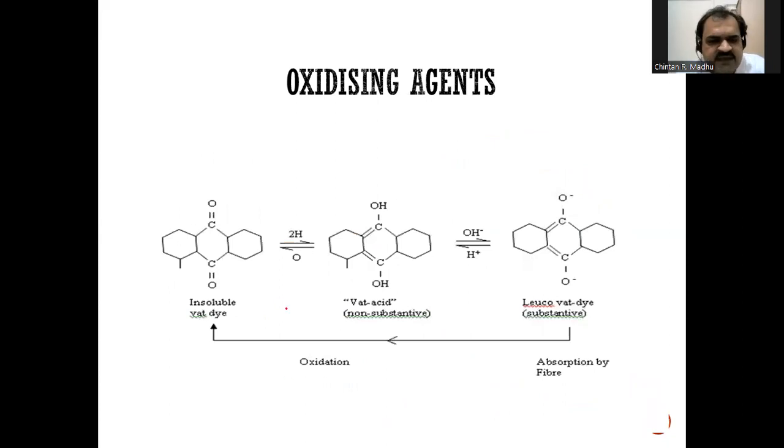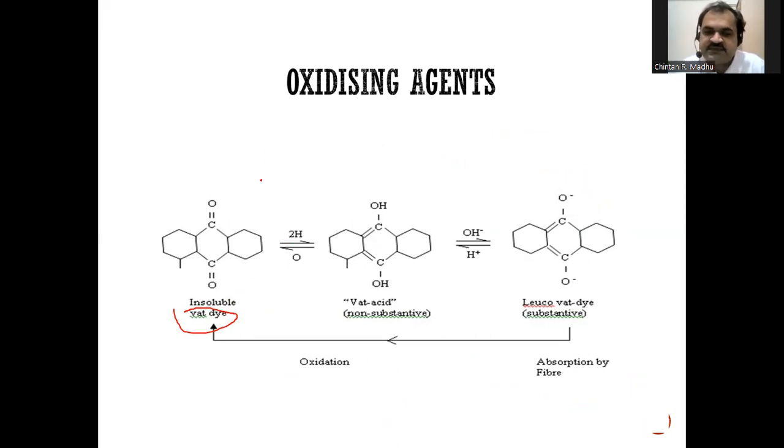Oxidizing agent we require when we are working with the vat dye, because the thing is that we are printing our vat dye in insoluble form only. We are not solubilizing our vat dye when we are printing it. It is always printed in an insoluble form, and then we solubilize it at the fixation or development stage.